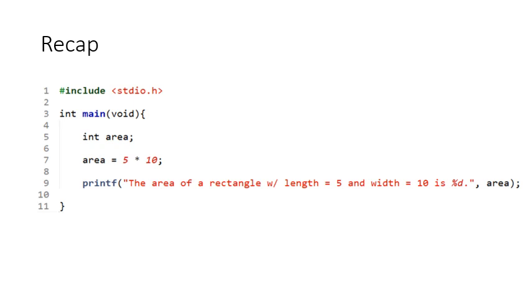For example, the numbers 5 and 10, we do not know which one is the length and which one is the width. So their meanings may not be at all clear to someone reading the program later, even for us who wrote this code ourselves. So when a program contains constants, it's often a good idea to give them names.